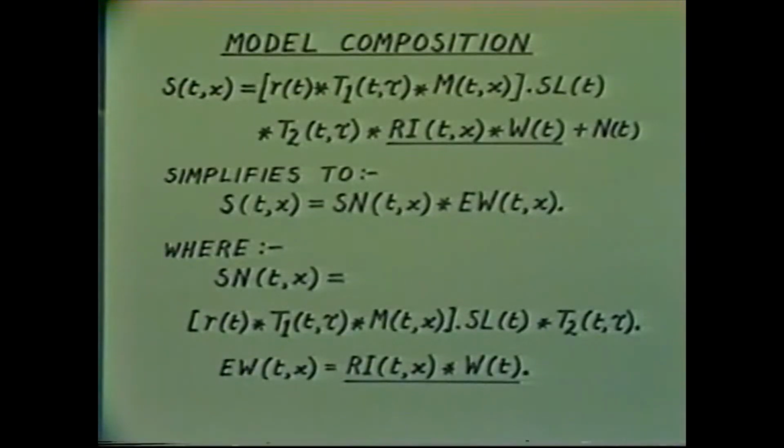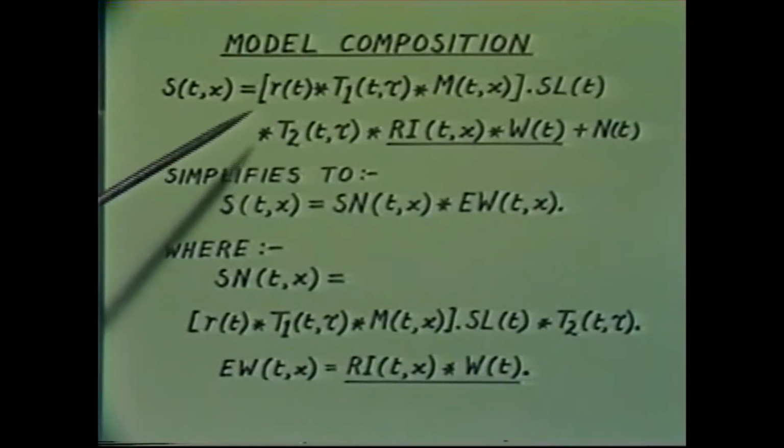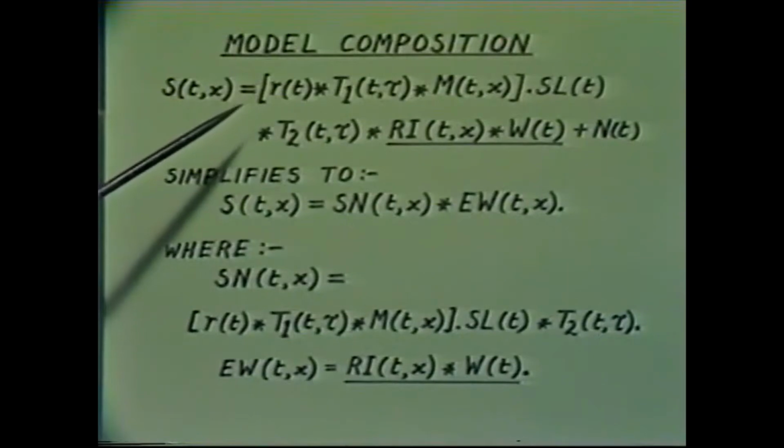Now, in order to understand the design of designature and the way it operates, it's necessary to understand how the seismic record is built up according to the convolutional model. And the first step in this is to simplify the convolutional model equation somewhat, and really group it together into 2 main sets of terms.